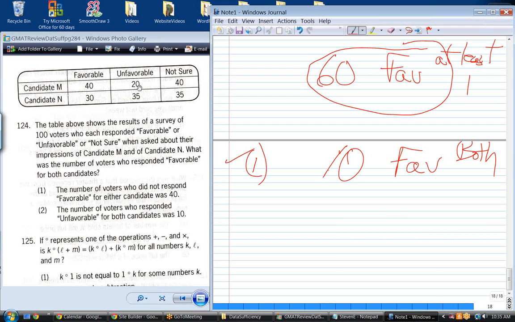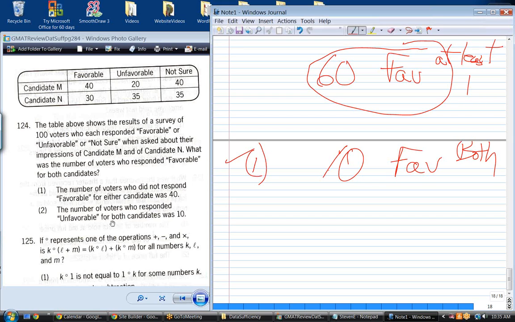So 55, 10 of those, so 55 minus 20 is 35. So 35 votes came from single people. So 35 people voted unfavorable. The not sure category is what's going to screw things up, I think. No, maybe not.